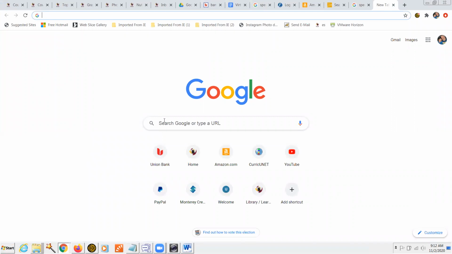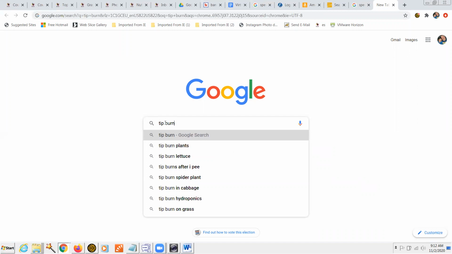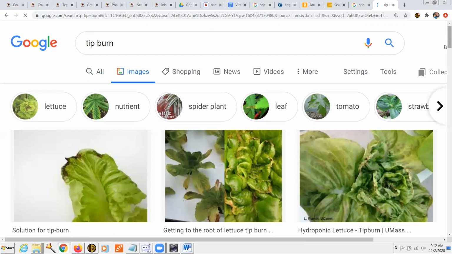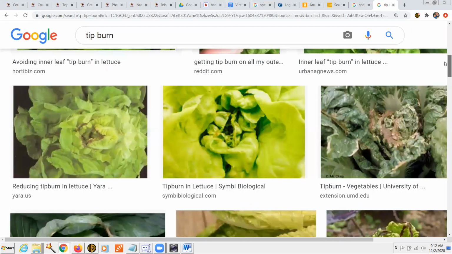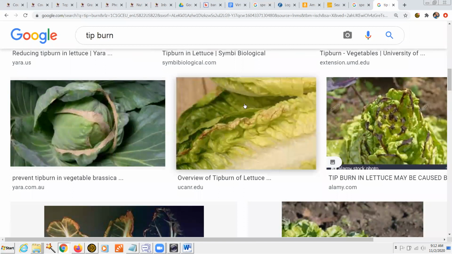If I type tip burn into Google and look at certain images, you can see where the tip of the leaf is necrotic or dying. That is a type of marginal burn that is occurring on the tip of the leaf margin or the leaf edge.